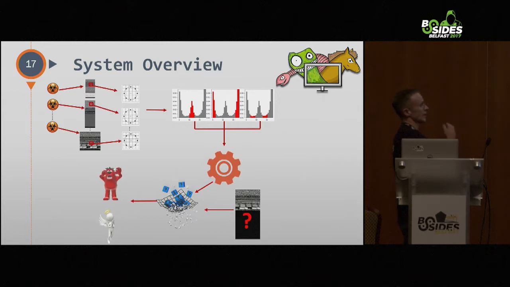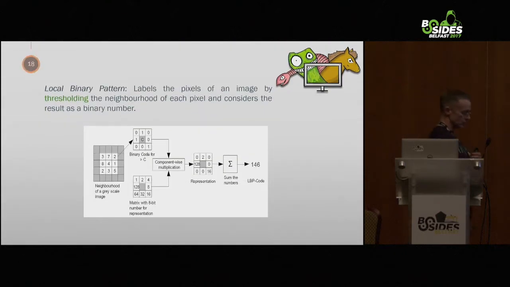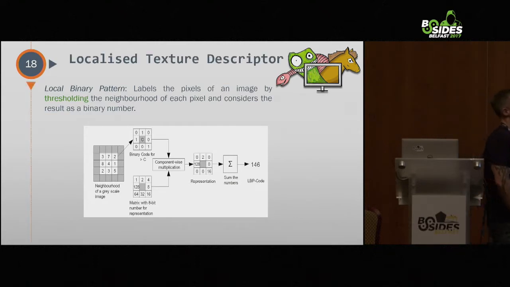So let's take a closer look at the localized texture descriptor called a local binary pattern. It's a texture descriptor, so it's used for feature extraction of textures. It has been applied to different areas of computer vision as well, like facial recognition and DNA sequencing. But the beauty lies in its simplicity and how effective it actually is at classifying or extracting features from textures.